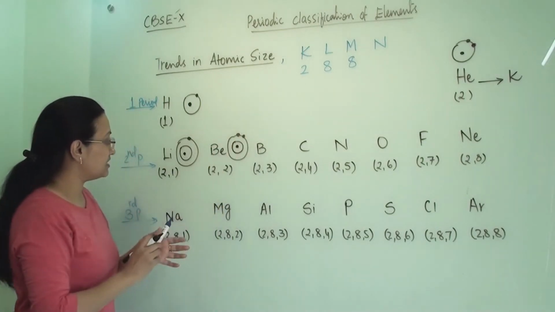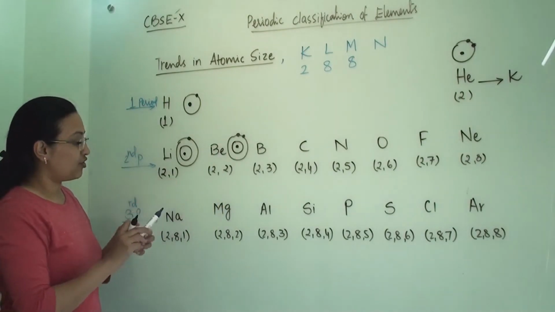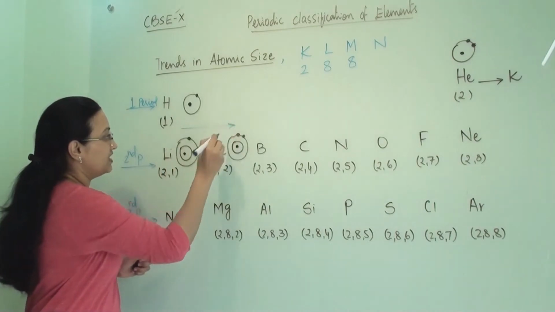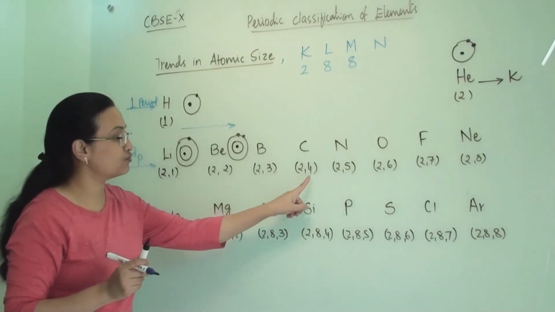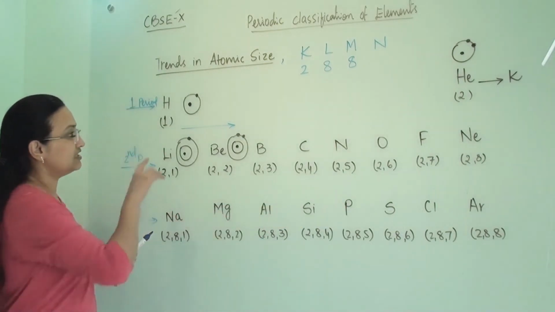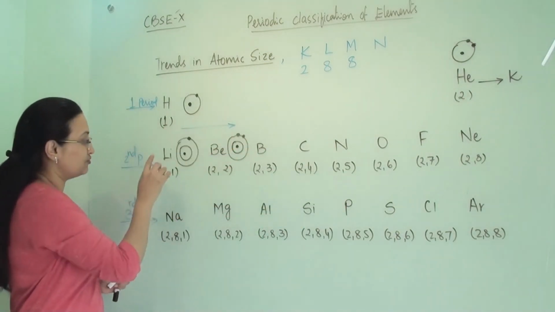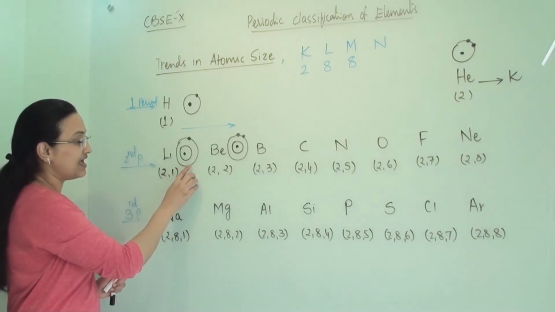You can see that as we are going from left to right, 1 electron is being added to the outermost shell. The K shell is completely filled, so we have to put electrons in L shell.